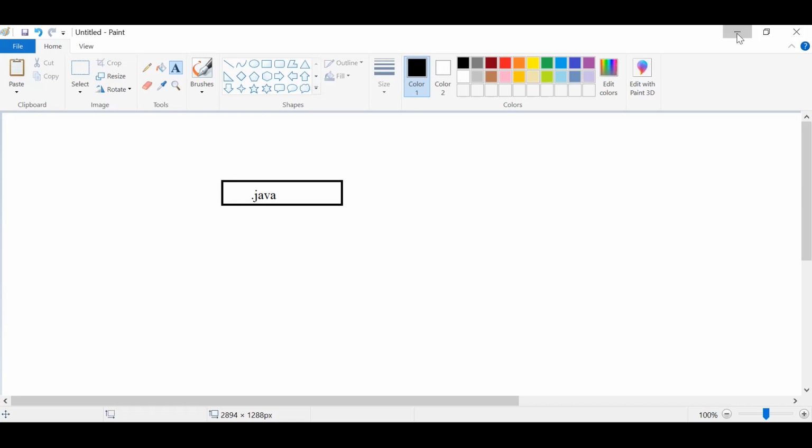Desktop. See, then automatically it can be converted into a Java file. Here it is available on that file name, .java, that extension. It is not visible. Just you have to go to the properties.